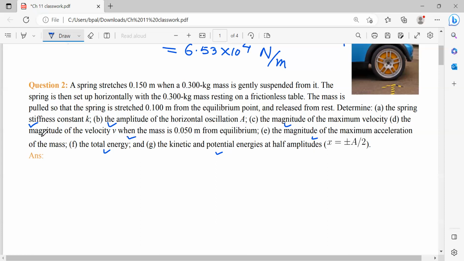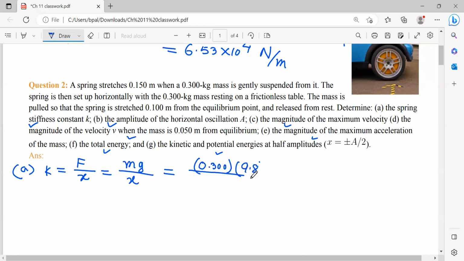The first one, A, is the spring stiffness constant. We use the same equation that we used in question number 1. K equals F over x. F is mg here, m is 0.3 kilogram, g is 9.8, and x is 0.150 meter.